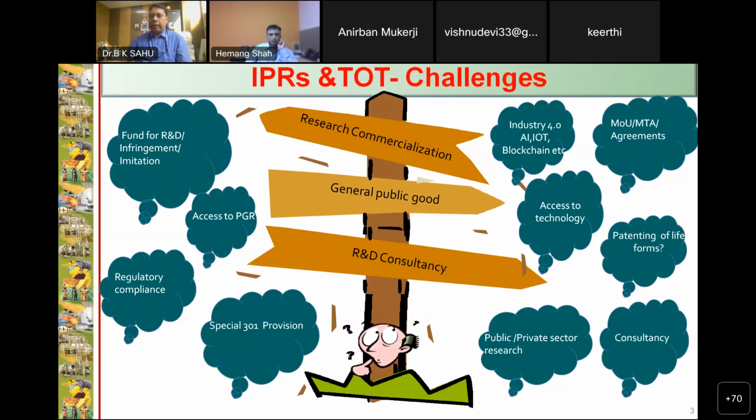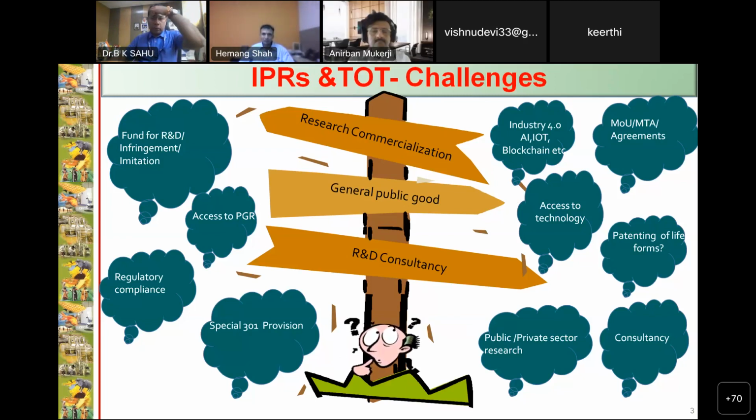So without taking any more time, I will go to my topic, but I thought I should apprise you all of intellectual property rights and technology transfer, because IPR is a strategic tool to create value and extract value. How we are creating the value and extracting the value is very important, because it is completely a strategic tool.